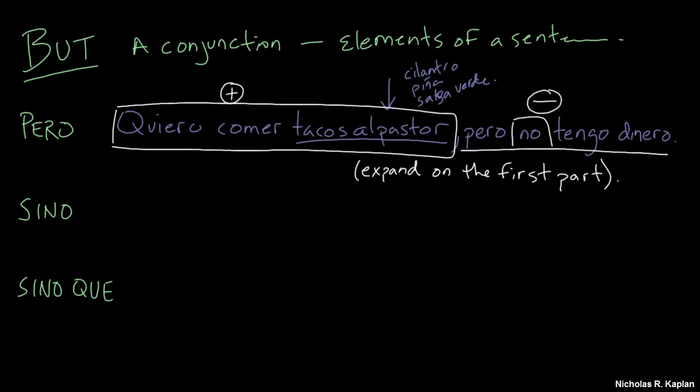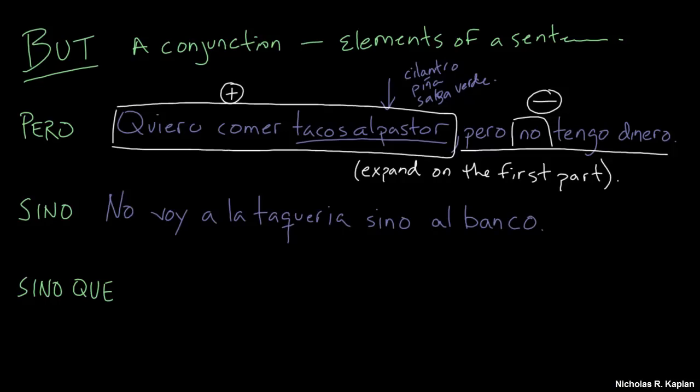Now the second one, sino, is when we start the sentence with a negative element. So I could say, well then, no voy a la taquería, right? A taqueria is a taco stand. Sino al banco. Right? Because if I don't have any money, I can't go to the taqueria, and so I'm going to have to go to the banco.